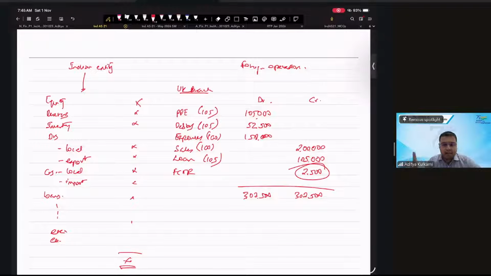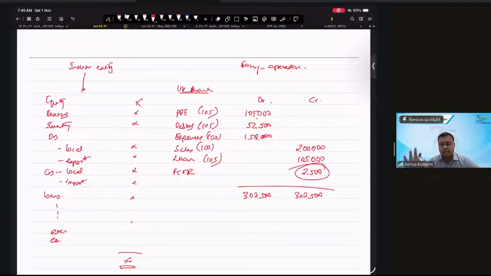This FCTR will remain unrealized as long as the operations continue. But the moment you decide to close your operations, whatever the reason, I'm not doing well, or I have done so well and taken everything from this place, and now I want to exit the market, the moment you decide to shut the shop, will I realize this FCTR? Answer is yes. You will get this FCTR back.